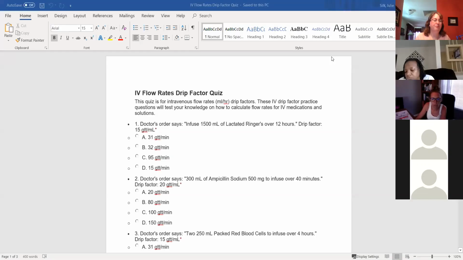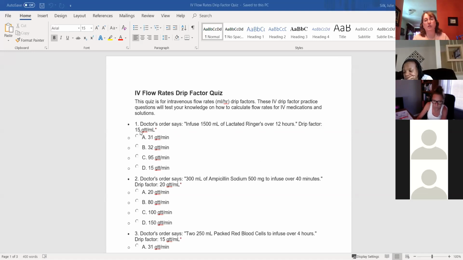Here we go. Okay, so for these problems, like this first one says, the doctor's order says infuse 1,500 milliliters of lactated ringers over 12 hours, and your drip factor is 15 drops per milliliter. So, according to our formula, we would take our volume, which would be this 1,500. We would multiply it by our drop factor, which is 15.